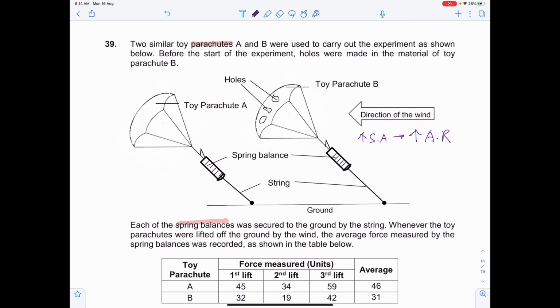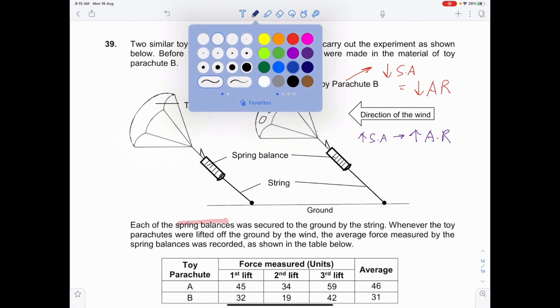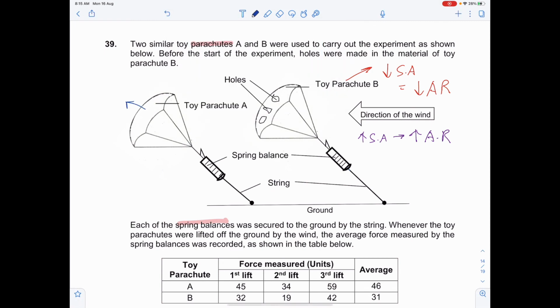So right off the top, I already know that parachute toy B probably has lesser surface area, which results in lesser air resistance experienced as compared to A, which has more surface area, which results in more air resistance.